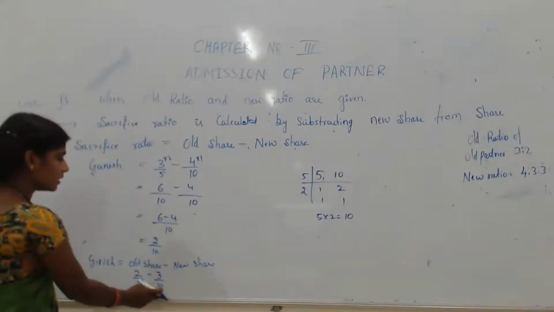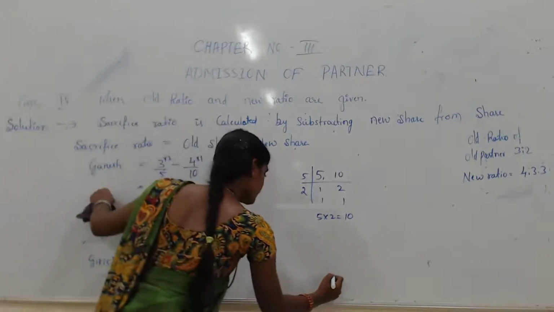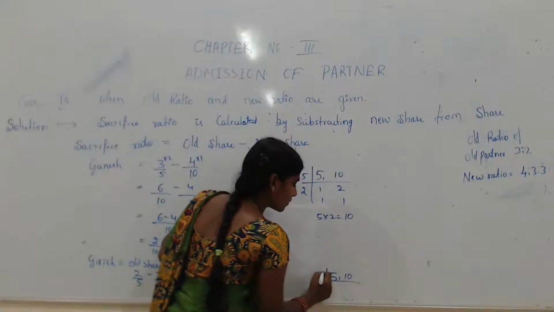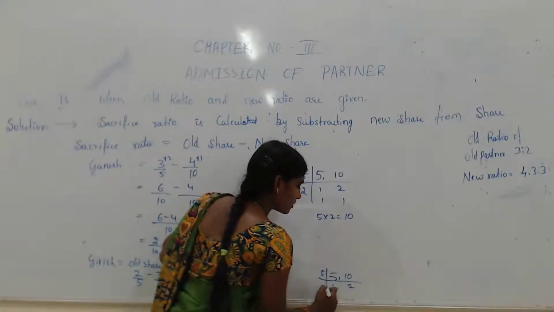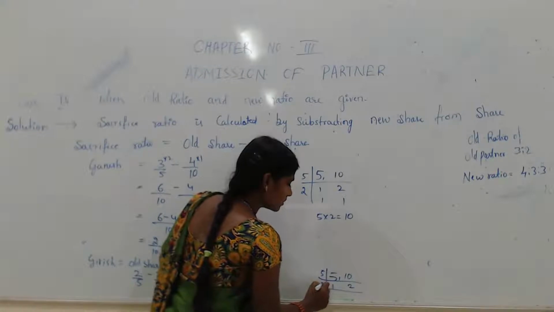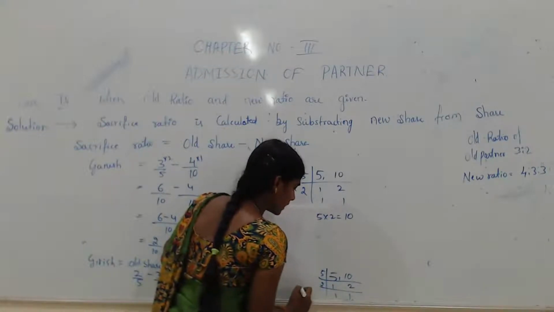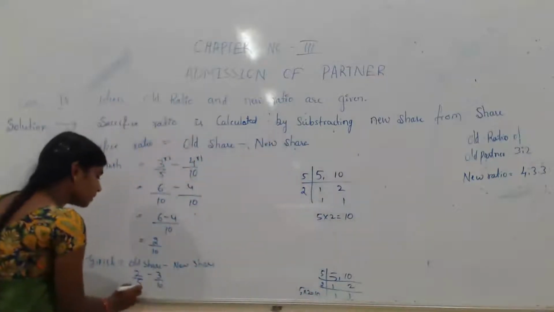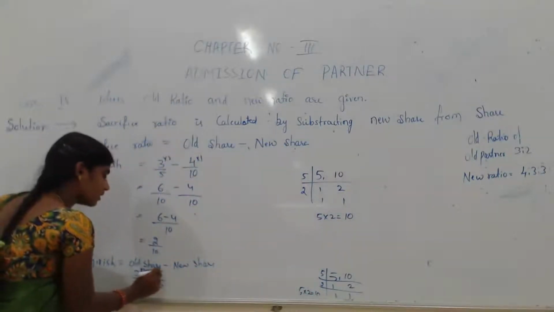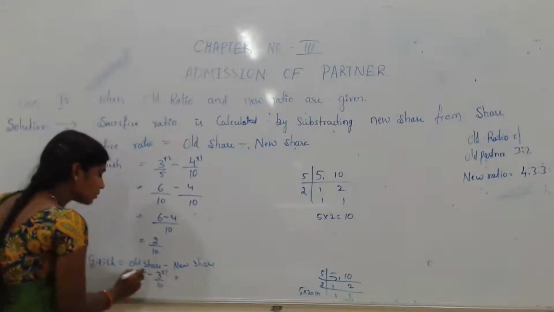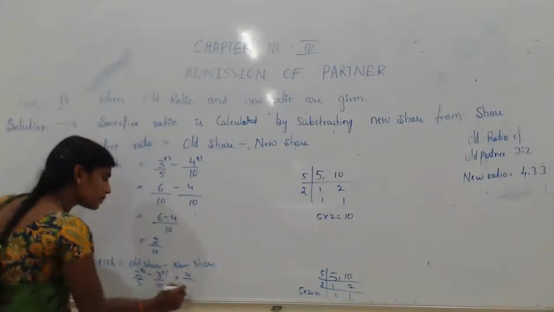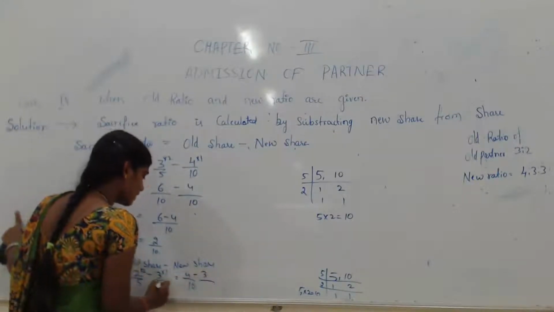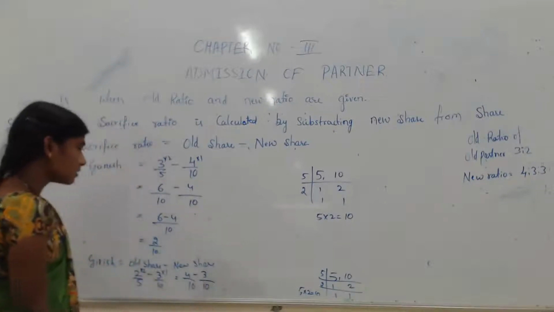Then after LCM, 5, 10. 5 ones are 5, twos. After that 2 ones. So 5 into 2, 5 twos are 10. 10 ones are 10. 2 twos are 4, 5 twos are 10, minus 3 ones are 3, 10 ones are 10.